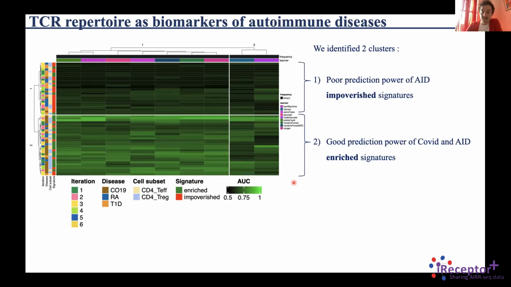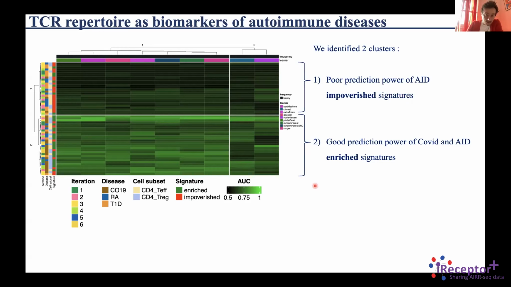So we identify two types of clusters. The first one groups poor predictions, mainly of autoimmune disease, and this is a prediction with the impoverished signature.